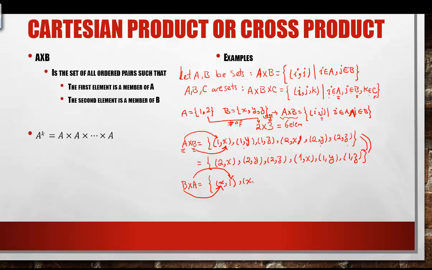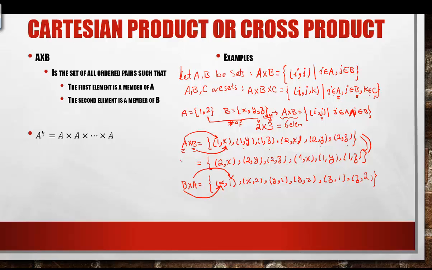So X, 1, X, 2, Y, 1, and Y, 2, and then finally Z, 1 and Z, 2.